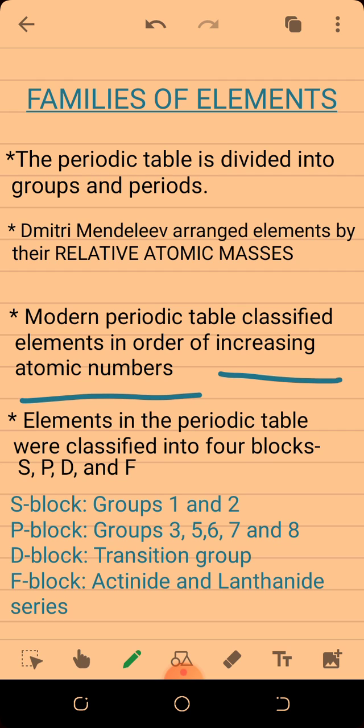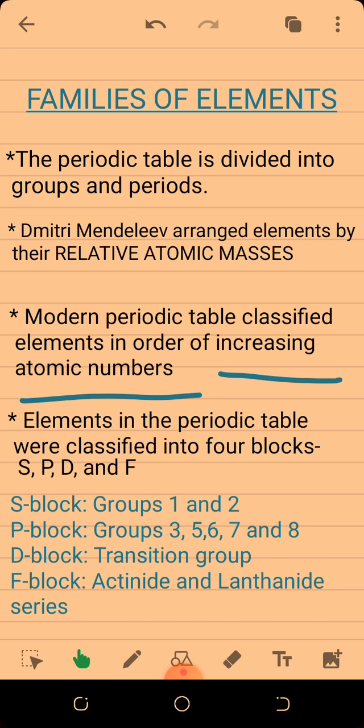Recall that elements in the periodic table were also classified into 4 blocks, namely S, P, D, and F block. The S block consists of elements in groups 1 and 2. The P block consists of elements in groups 3, 4, 5, 6, 7, and 8.